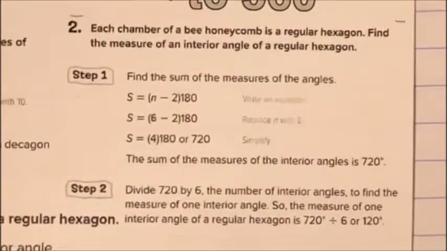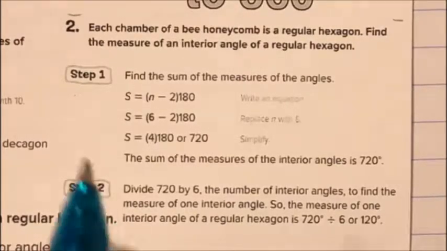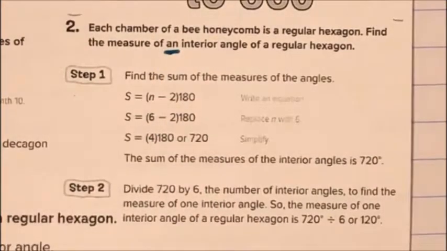Example number 2 says each chamber of a bee honeycomb is a regular hexagon. Find the measure of an interior angle of a regular hexagon. So we're looking for one interior angle. In example 1, we were just looking for the sum of all the interior angles. This time we're looking for one specifically. So there's 2 steps.